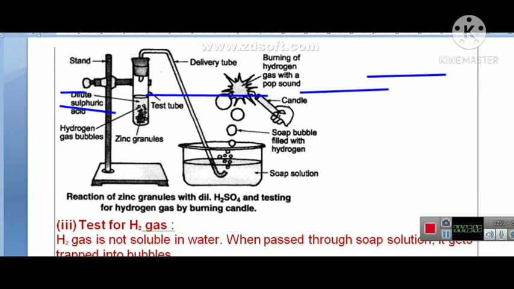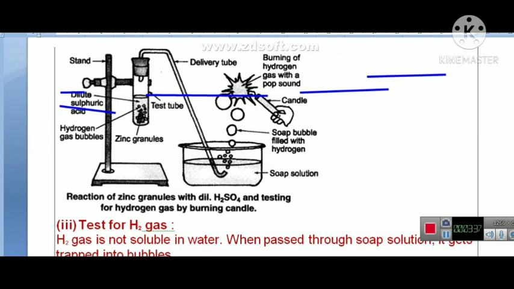Then when we add the 5 ml of sulfuric acid around the surface of the zinc granules, you will see the effervescence of the gas. That gas will be collected in the empty place of the test tube and carried through the bent pipe into the vessel containing soap solution. Then we will find which gas is formed during this reaction.